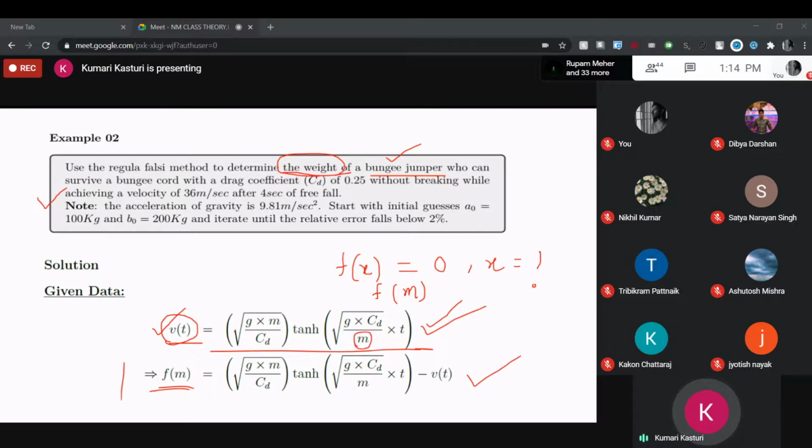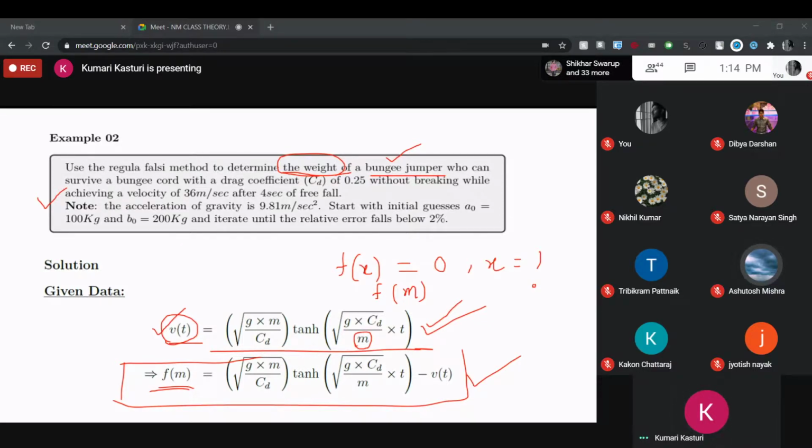This is actually the nonlinear equation which we want to solve. Okay, write down these two equations. Have you written this equation?